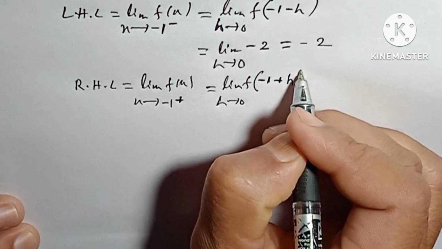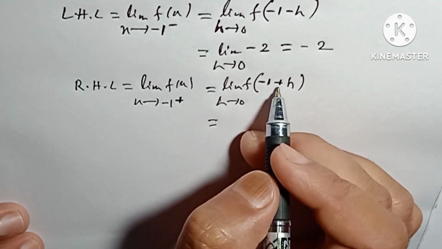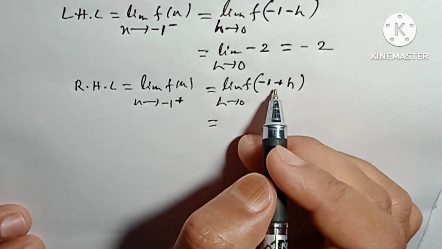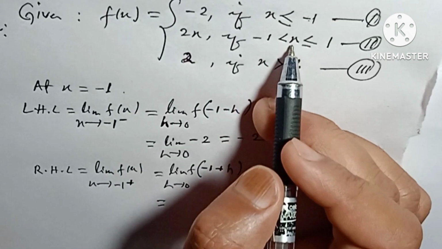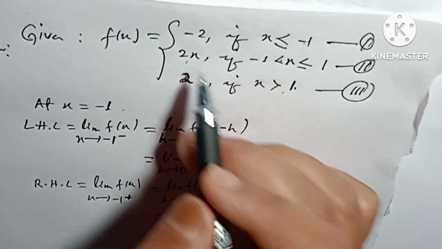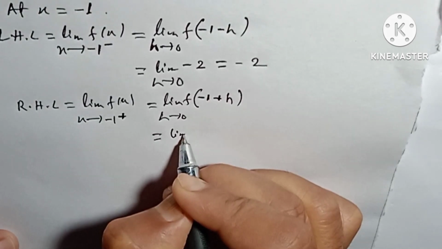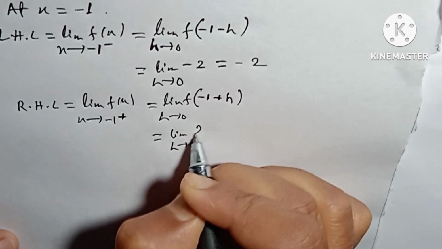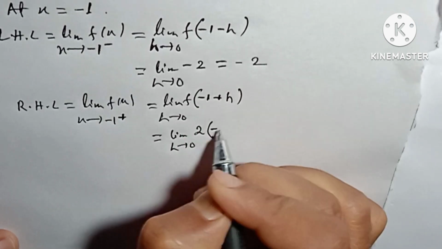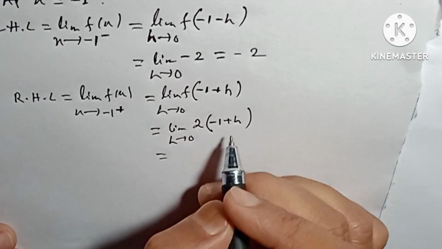The right side of minus 1, that means greater than minus 1, f(x) is equal to twice x. So it is written as limit as h approaches 0 of 2 times (minus 1 plus h). Let us put the value of h equal to 0.